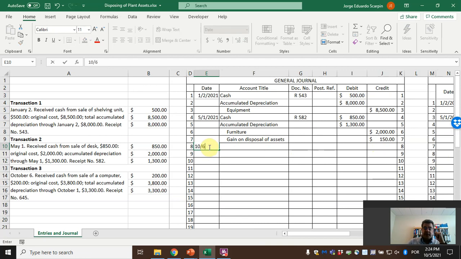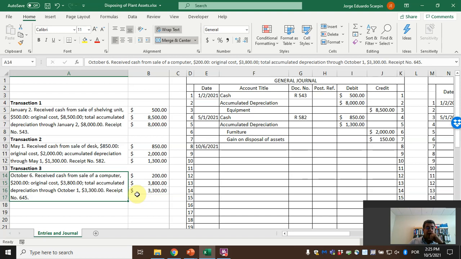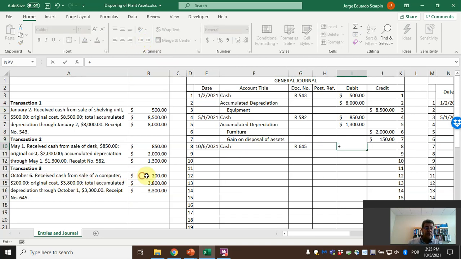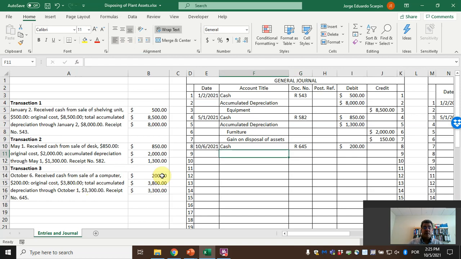So October 6th, the same, cash sale of a computer, original cost, total accumulated depreciation, receipt. So again, cash, but it's here because it's a debit. Receipt 645. How much? Receive cash from a sale of computer, $200.